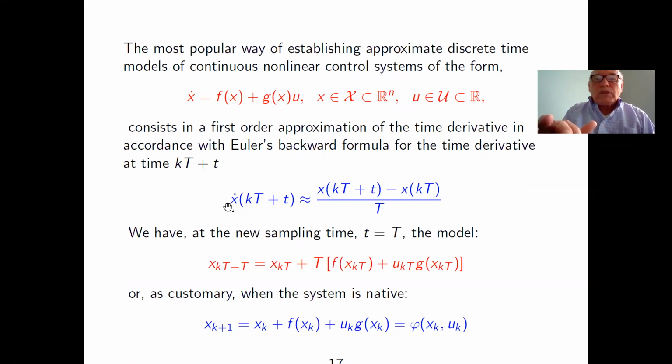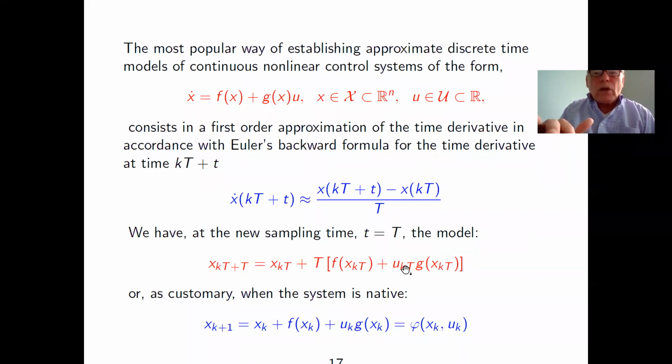And for that, we might use Euler's backward or forward formula for the time derivative of the vector function x as a function of time. That is a common practice, and what it leads to is a nonlinear model of your system in which you have an affine dependence on the control input. This is somehow not sustainable because yes, x(kT plus T) will be a linear function of u.